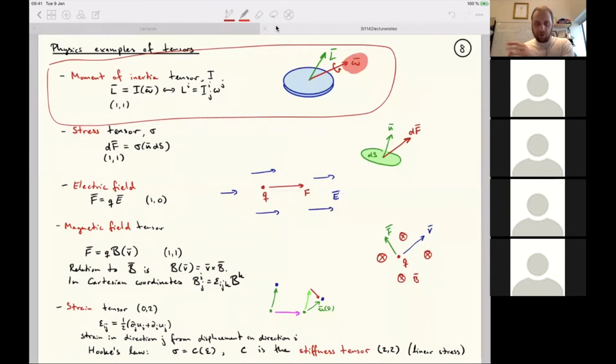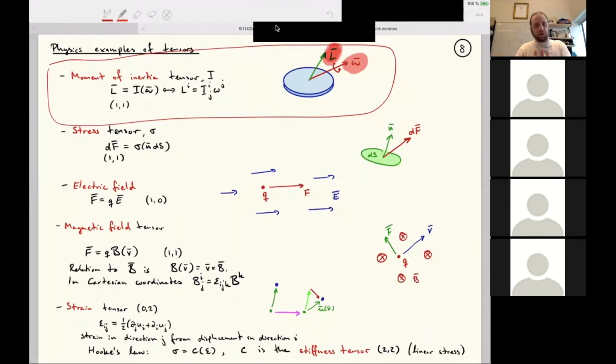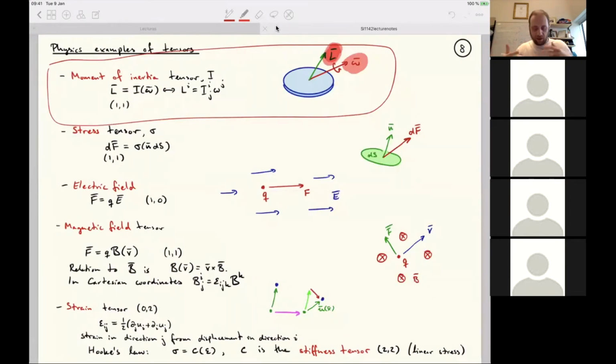If you have something that's rotating, you have the angular frequency omega, and you have the angular momentum L. And the moment of inertia is a linear map between the angular frequency and the angular momentum. It's linear because if you spin in the same way but just spin faster, you're going to get a proportionally larger angular momentum, and so on.